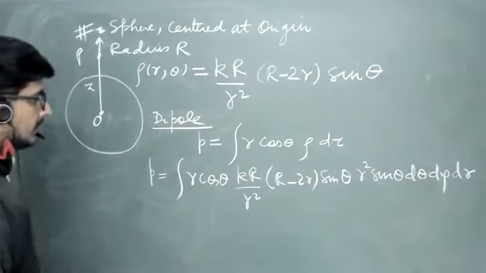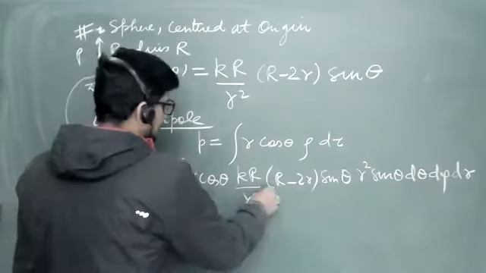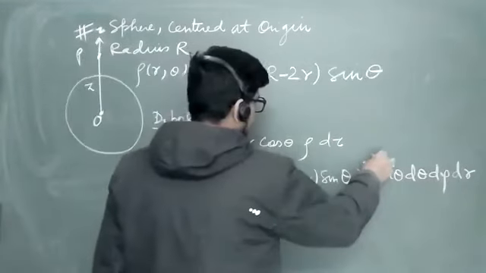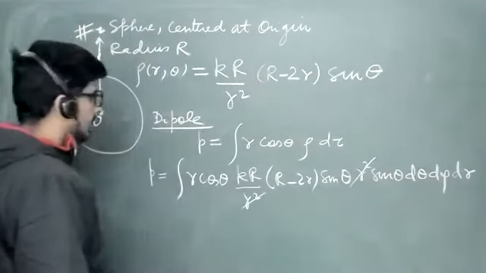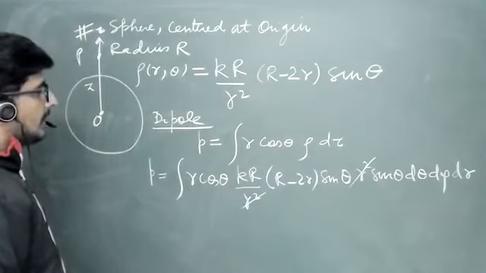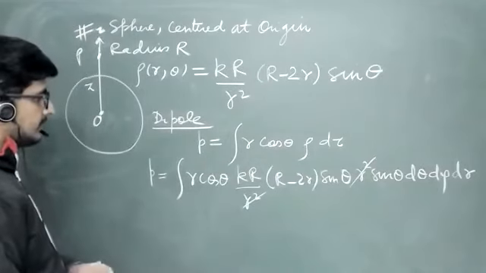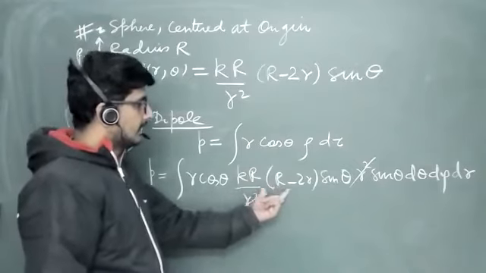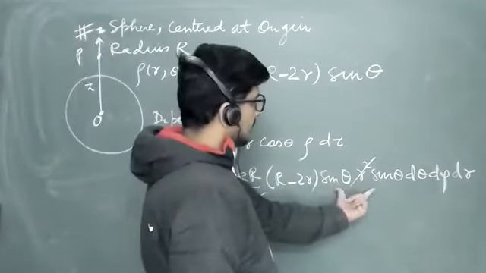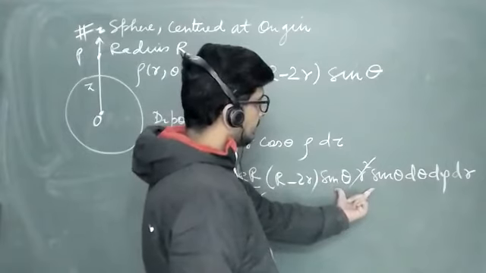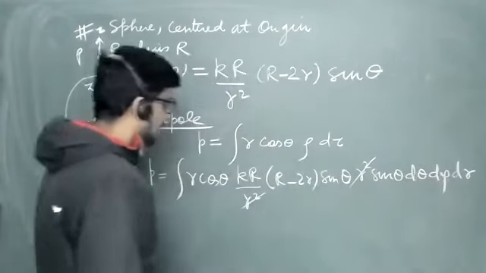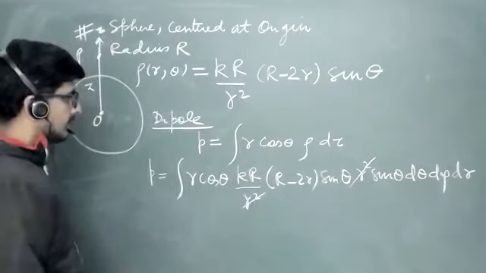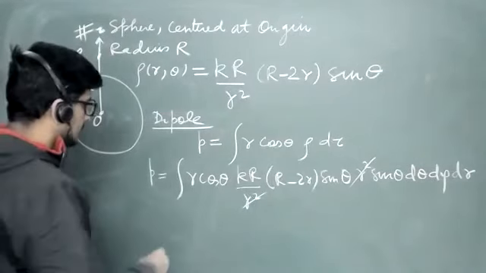So this will cancel, and this time you have to integrate three terms. First this from 0 to R, then this from 0 to pi, and then this from 0 to 2 pi.